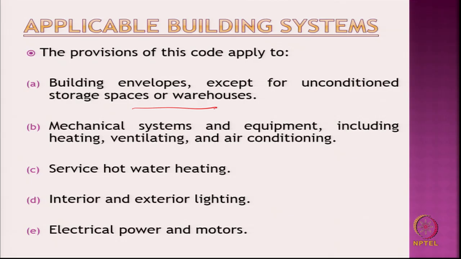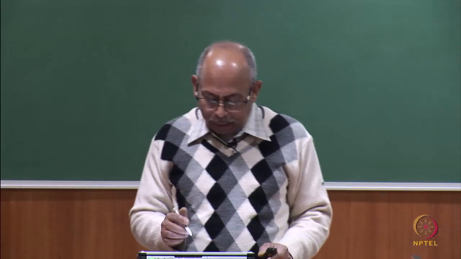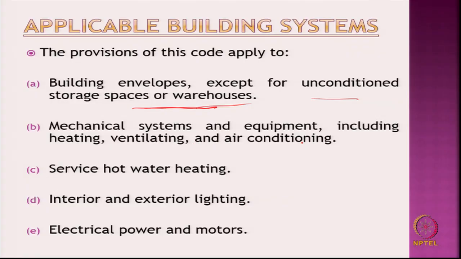This particular code applies to the building envelope. Of course, unconditioned spaces you need not look into, or storages, warehouses. If in the building complex some portion is storage, you need not look into that. Then mechanical systems and equipment, that is the HVAC system, heating, ventilating and air conditioning system.